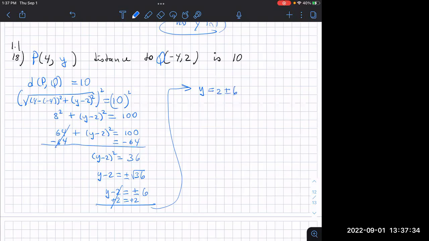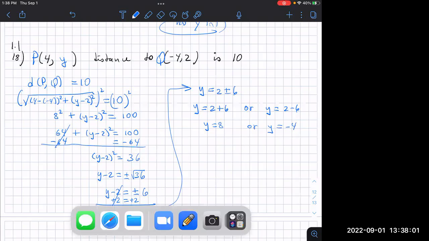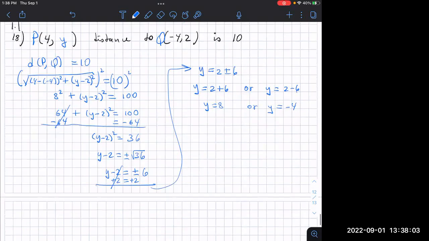Is that correct? Correct. So y equals 2 plus 6, or y equals 2 minus 6. So that takes you to y equals 8 or −4. Very good. And you can graph and see what's going on.